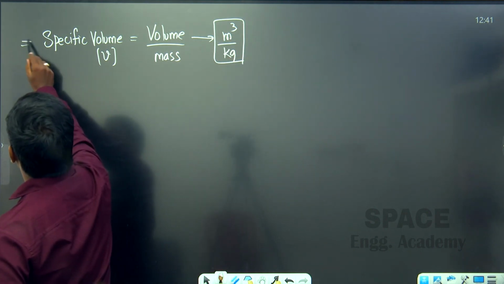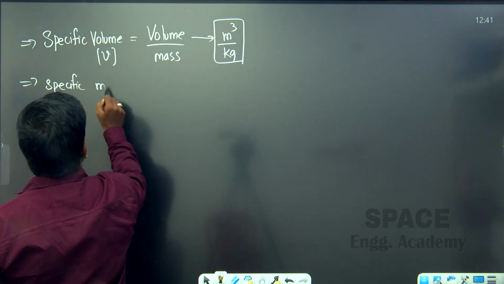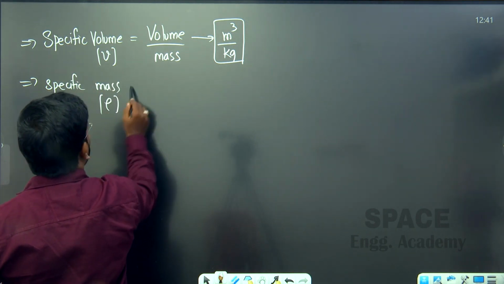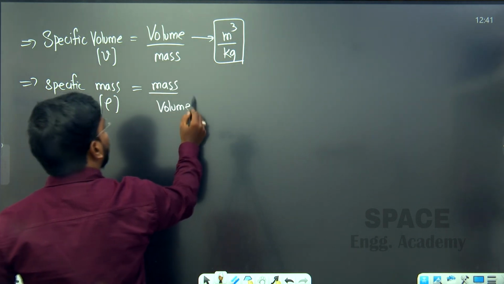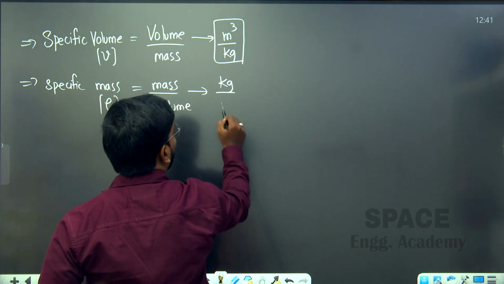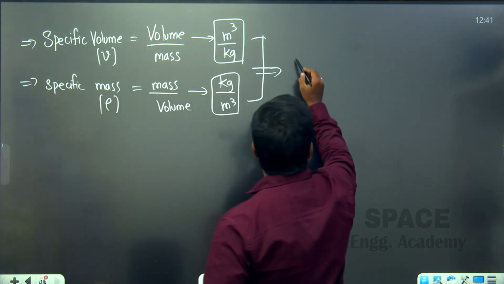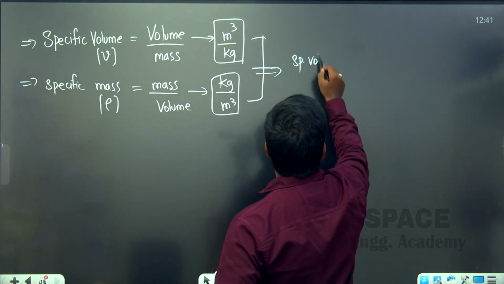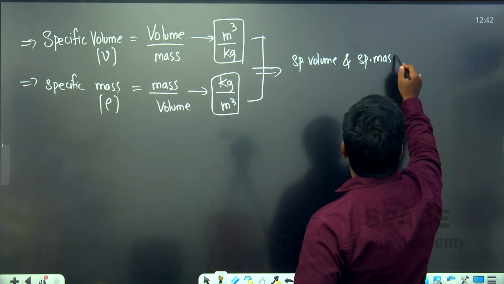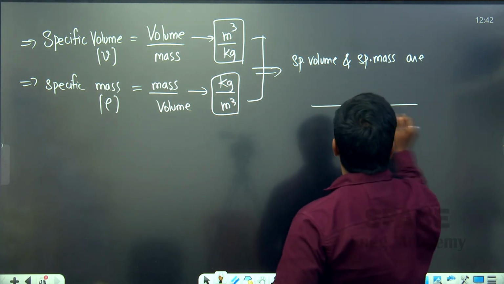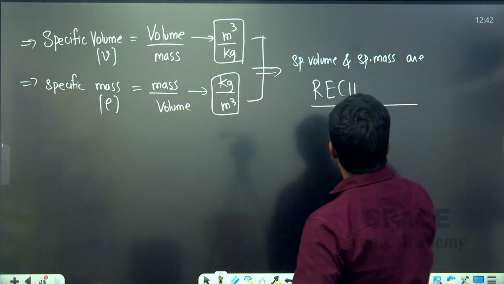If you see the formula for specific mass, that is density, specific mass rho is mass by volume, that is kg per meter cube. Now upon comparison of these two, what can we say? Specific volume and specific mass are dash quantities, reciprocal quantities.